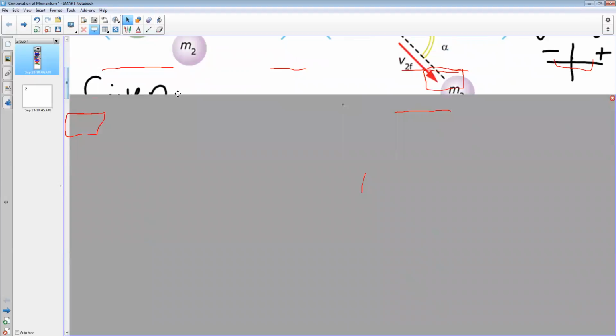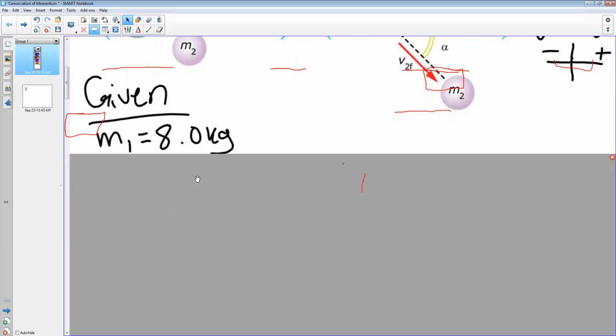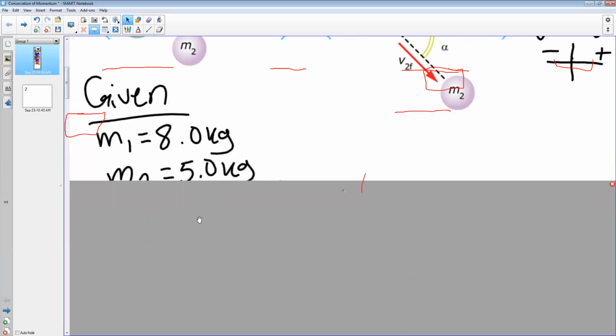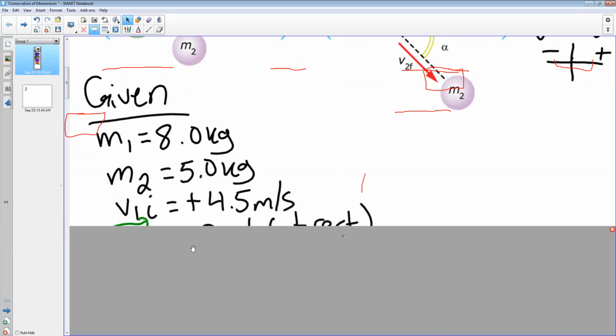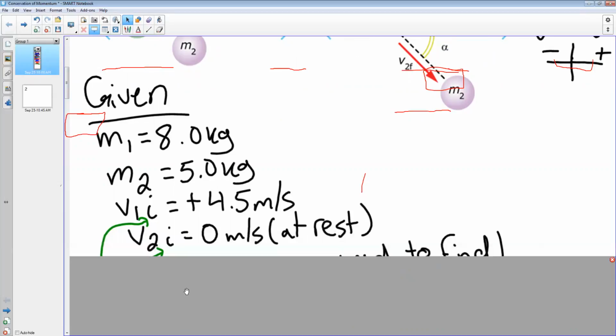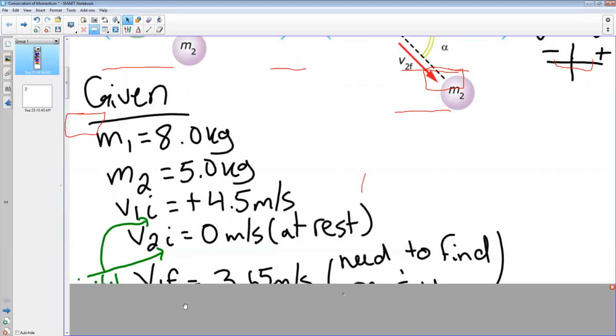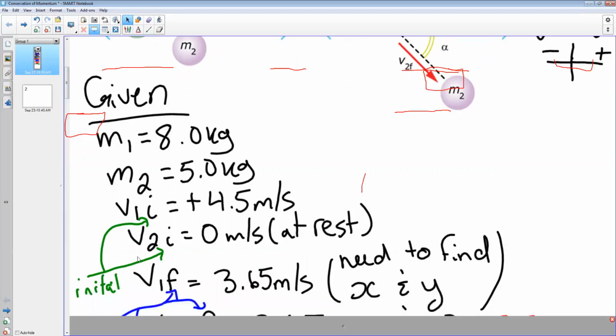Under my givens, you're going to find M1 is 8.0 kilograms, and M2 is 5.0 kilograms. V1 initial is 4.5 meters per second, but I put the plus sign just to indicate that it is in the right direction. You need to include that. And then the other initial is zero.